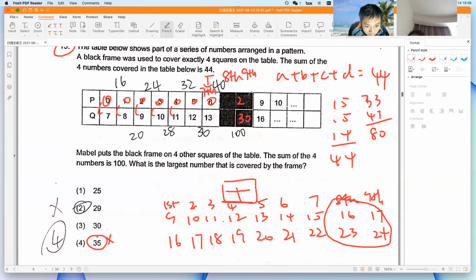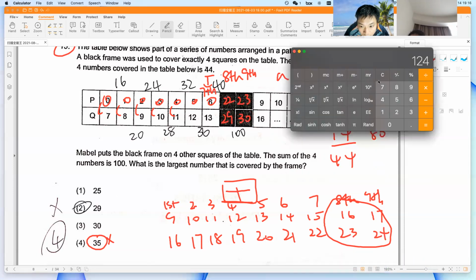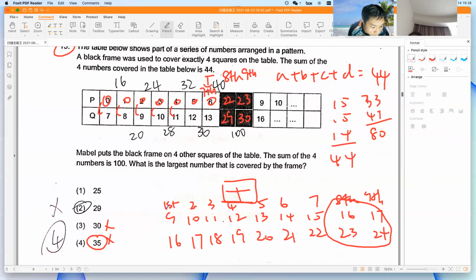So this is 30, this is 23. Then this has to be 22. Then this has to be 29. Okay, so 22 plus 23 plus 29 plus 30 is 104. So this one also does not work out. Okay, so 29.